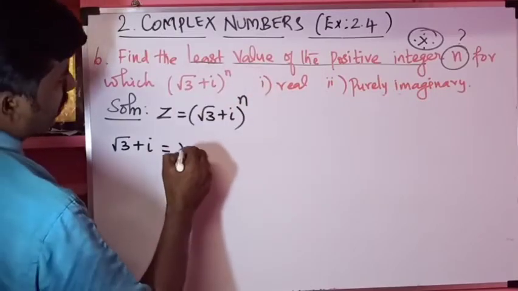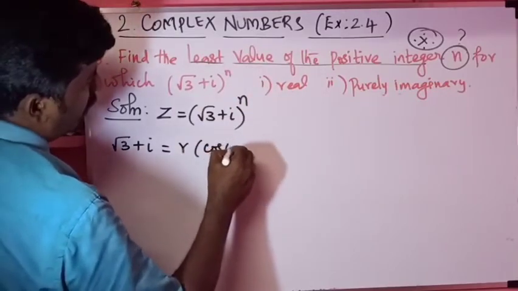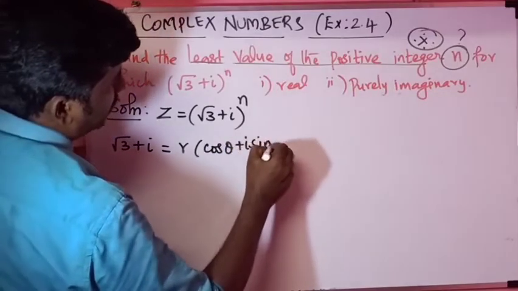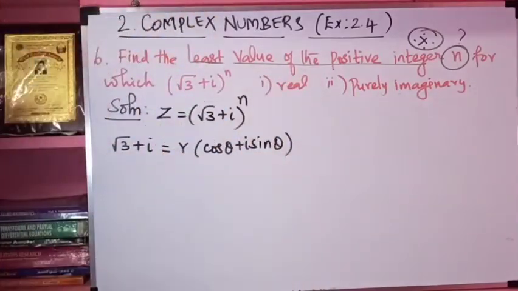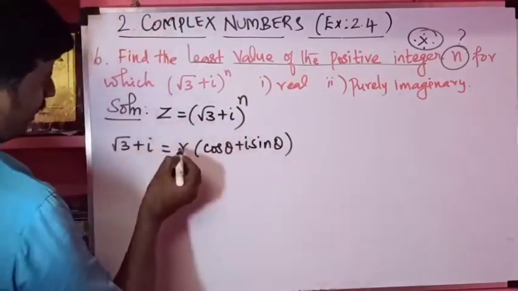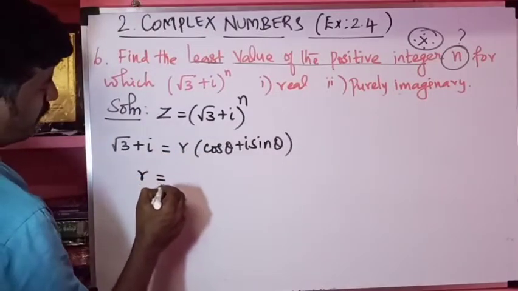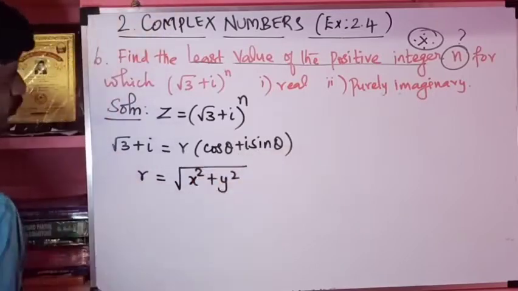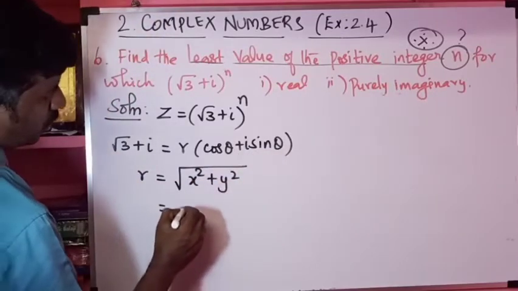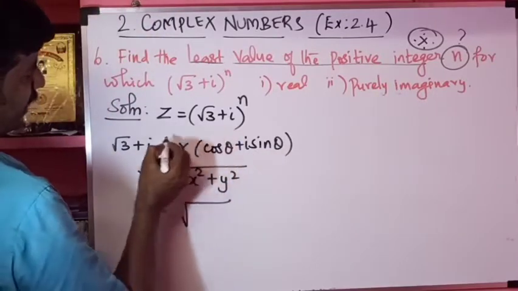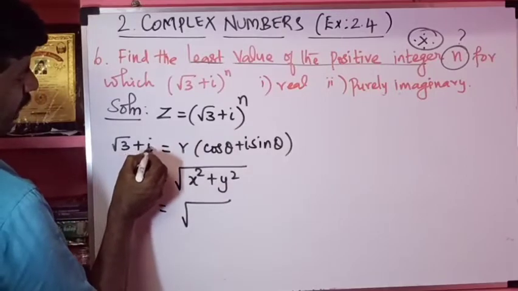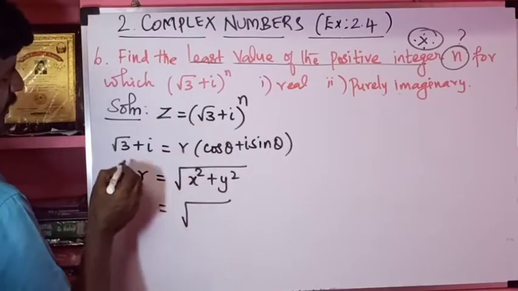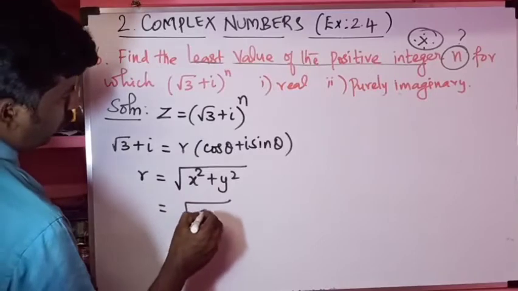Polar form means r into cos theta plus i sin theta. Then we find r. The formula is r equals root of x squared plus y squared. What is x? We take x as the real number, and y as the coefficient of i. So it is root of √3 squared plus 1 squared. Here we don't take i, the coefficient of i is 1.